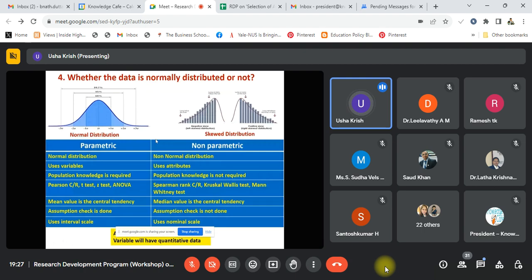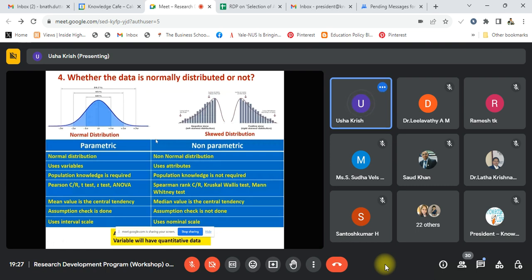Now, the fourth criteria which should be taken into account for deciding which statistical tool to be used is whether the data is normally distributed or not. For instance, if my data is normally distributed, I should use parametric test. On the other hand, if my data is non-normal, not normal, then non-parametric test should be used.